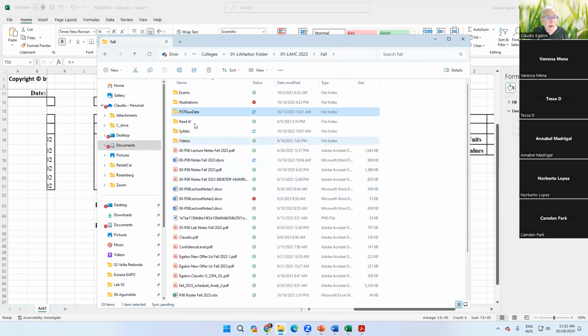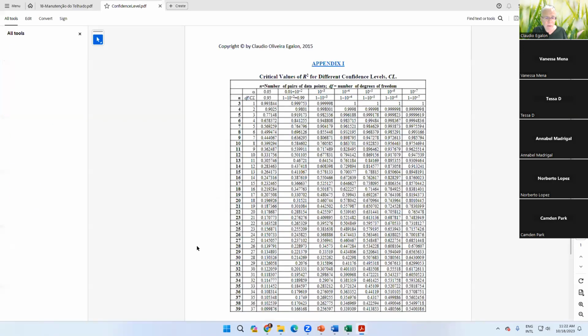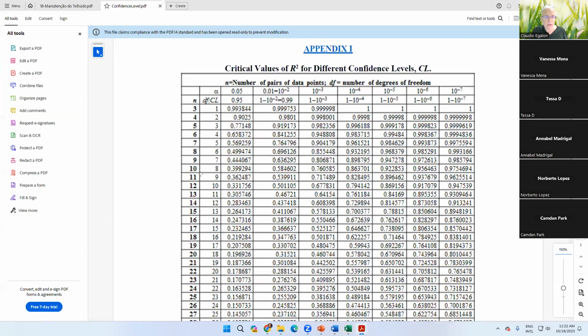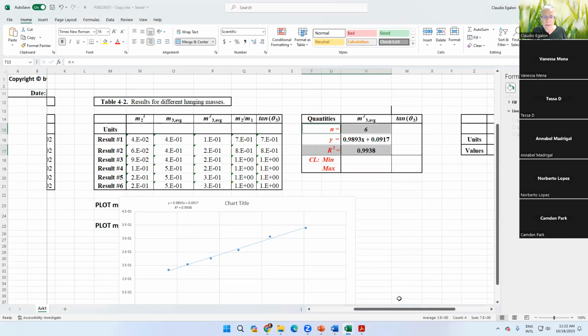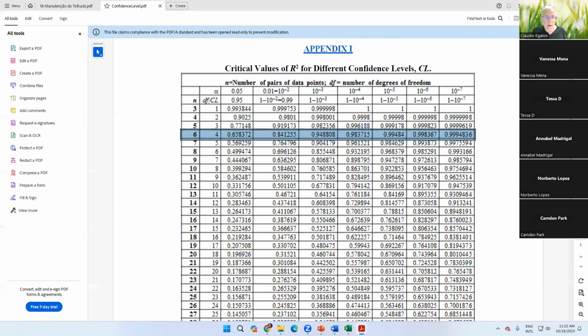Do you have the table there? Yeah. Okay, confidence level right in here. 6 is this row. Okay, and group 1, R squared 9938. 9938 is between those two values here, right?